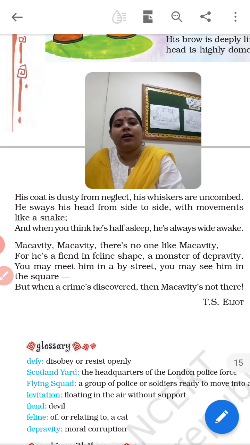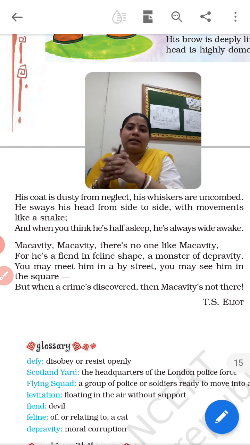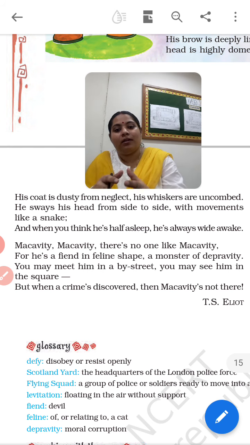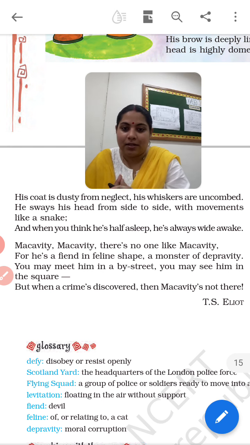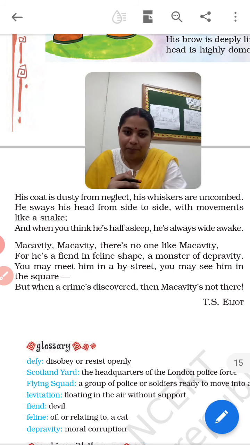And that's why the poet says every time, Macavity, Macavity, there is no one like Macavity. So you see here that T.S. Eliot is totally mesmerized with the criminal intent of Macavity. He has made Macavity a cat, totally a criminal.